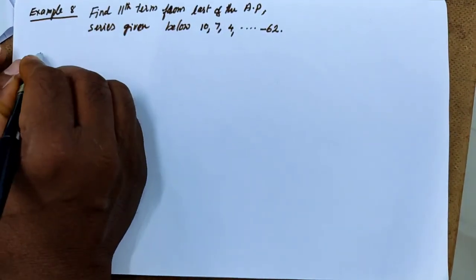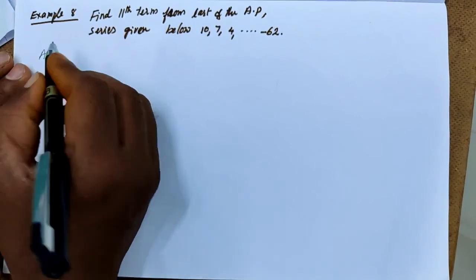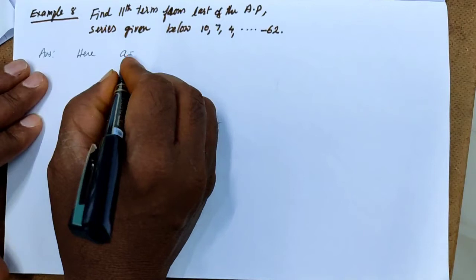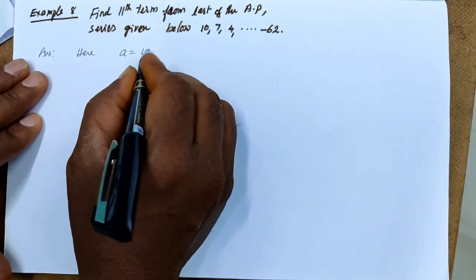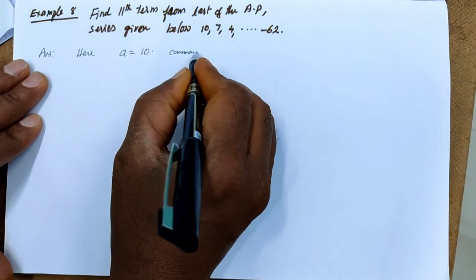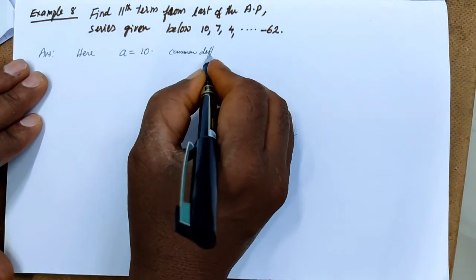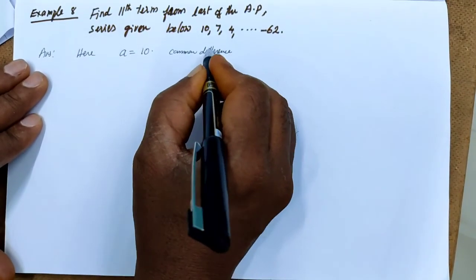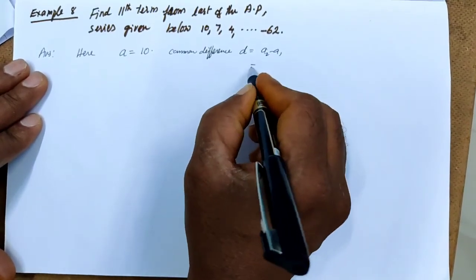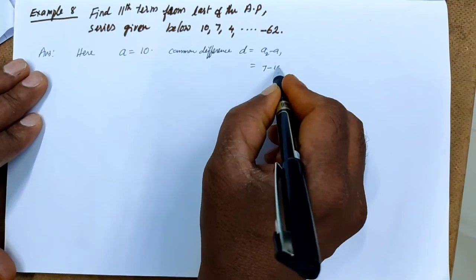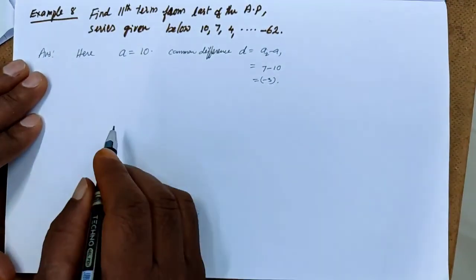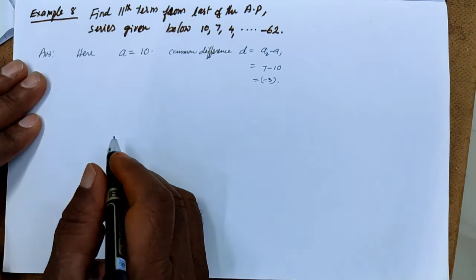Answer: the first term a is equal to 10 and the common difference d is equal to a2 minus a1, which is 7 minus 10, which is minus 3. The common difference is minus 3.